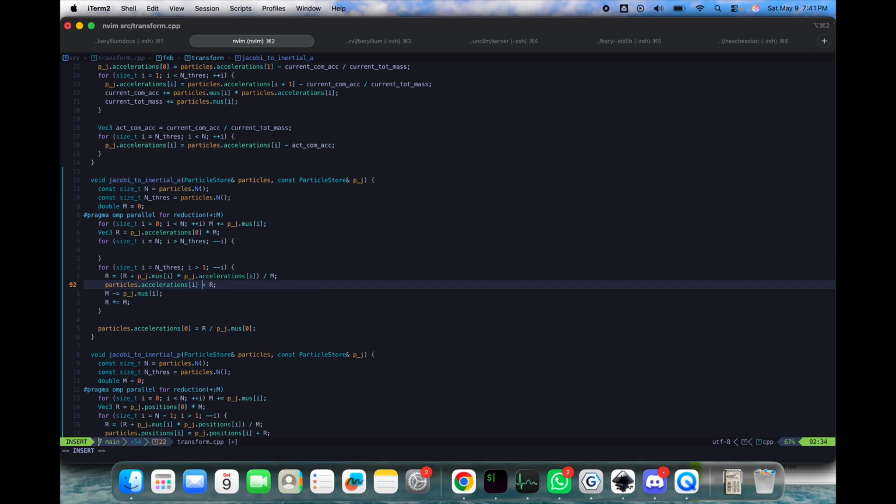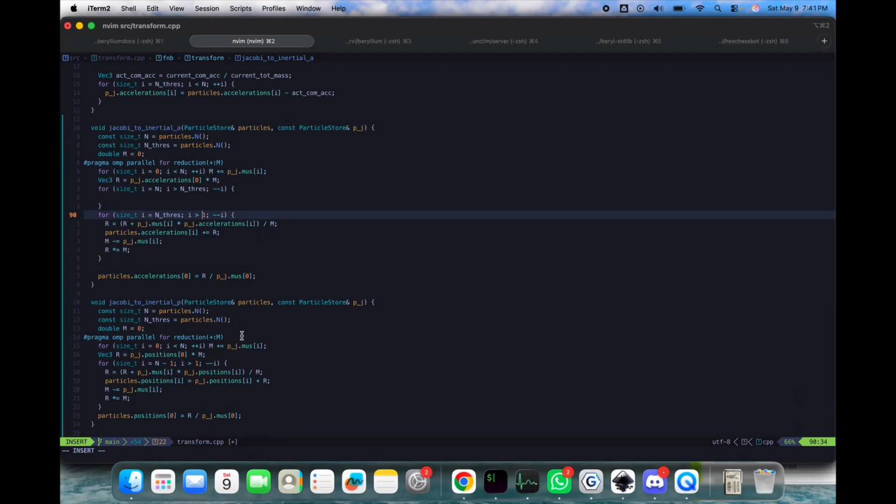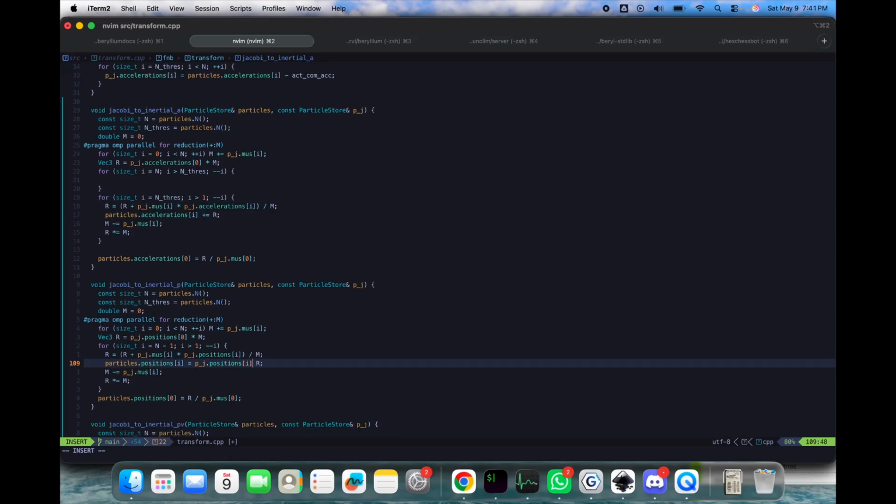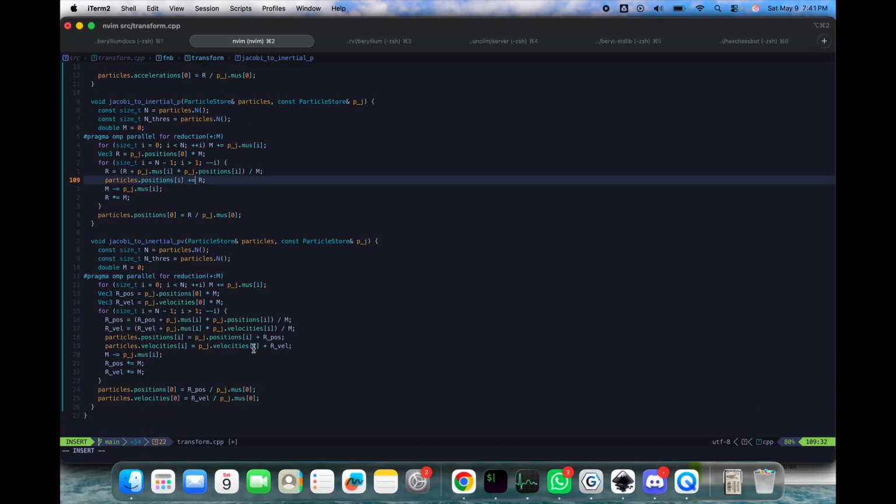Why did I put this in here? When I could just reduce the code, lines of code somewhat like that. Plus equals, and plus equals, and plus equals.